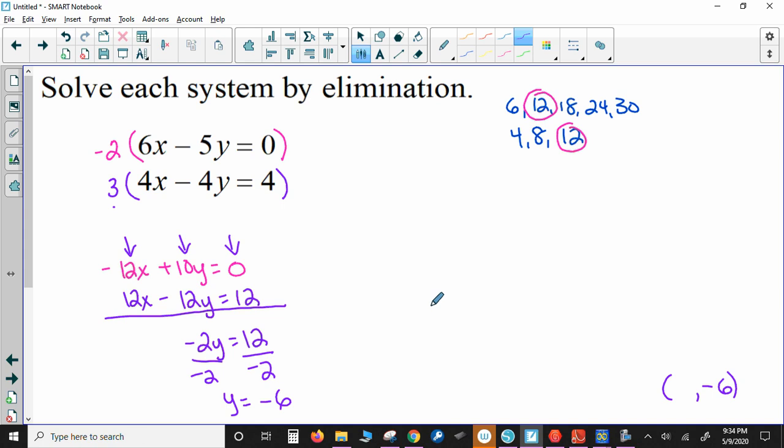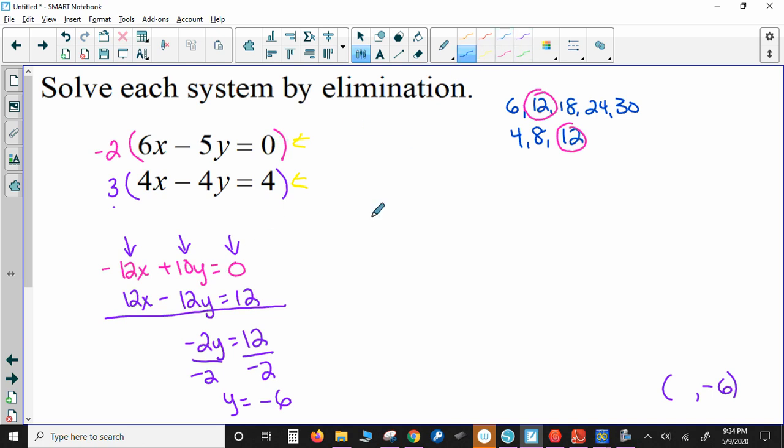Okay, I need to plug negative 6 into one of these equations. I can choose the top, the bottom, or either one of these, but I'm never, ever, ever going to choose one of those, because if I multiplied them, they just got big. So I don't want to deal with that. Because of the 0, I'm going to plug it into the top again.